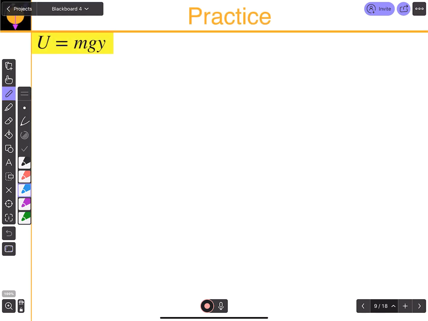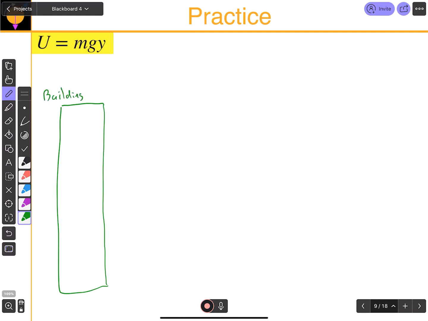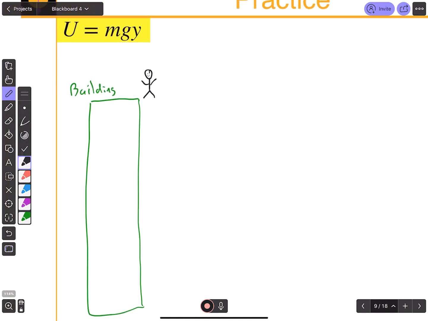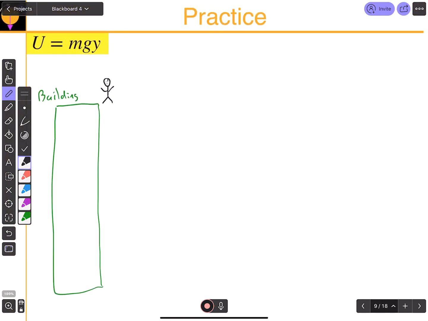Another example here, if I have a building, and I jump off the top of the building, why not, and let's assume that I am happy because I'm pretty sure I'm going to survive. So I jump off the top of the building, and the building has a height of 100 meters.